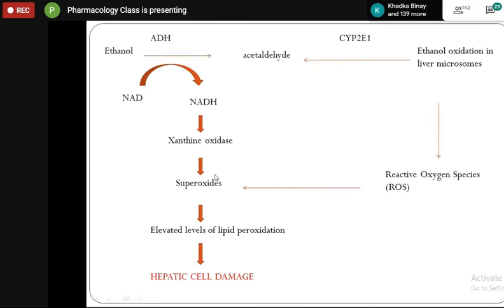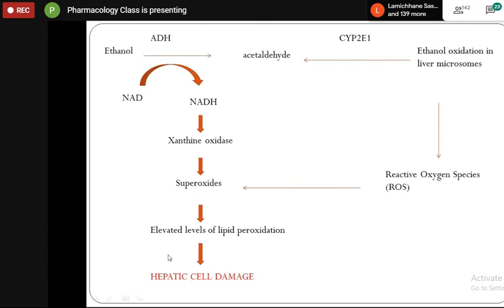The consequence is that with lipid peroxidation, the cell membrane becomes dysfunctional, there is alteration in the lipid bilayer of the cell membrane, and the membrane is destroyed, because of which there will be easy hepatic cell damage.